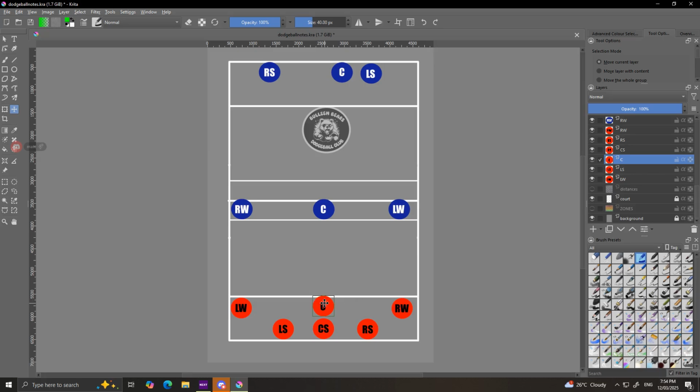Now, there are some nuances to this with the other players along the back line, so these three here. Say I'm moving over here. You've got the option now to come behind this wing.